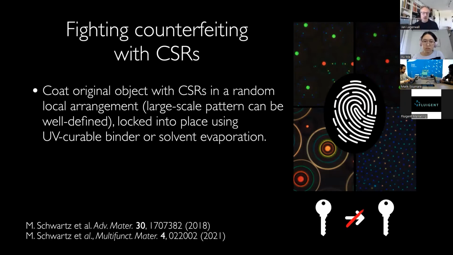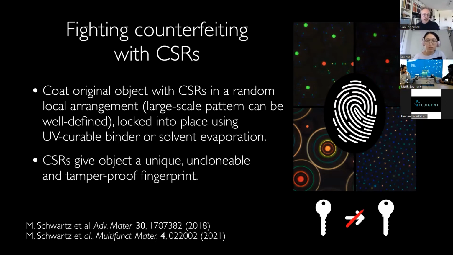And the way to do this is we're basically dispersing these polymerized shells in a binder that is either curable by UV radiation, so it turns into a solid, or like a nail polish, where the solvent evaporates, and then you get a solid. And as this is solidified, you get a random arrangement of these CSRs. And because of these peculiar optical properties, that gives this particular object a unique fingerprint.